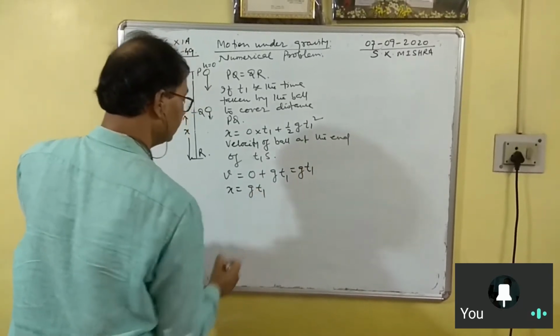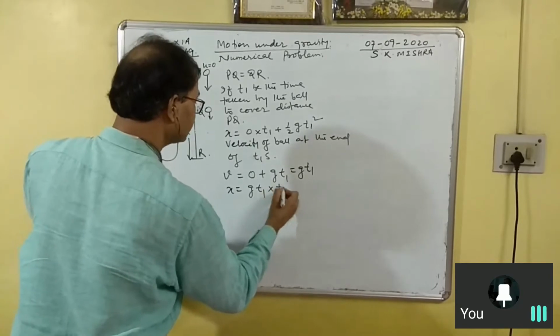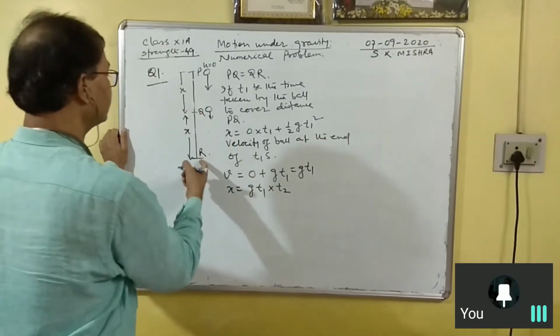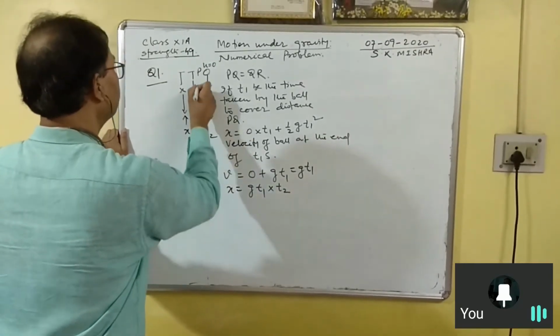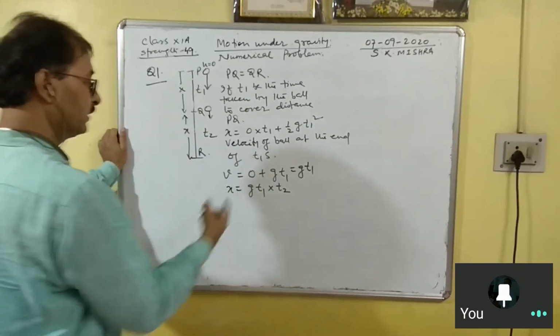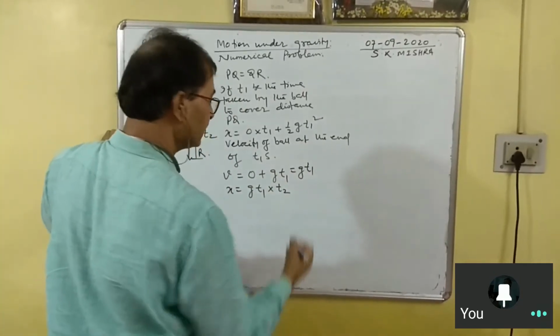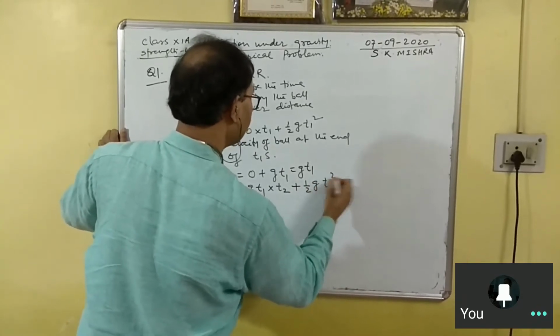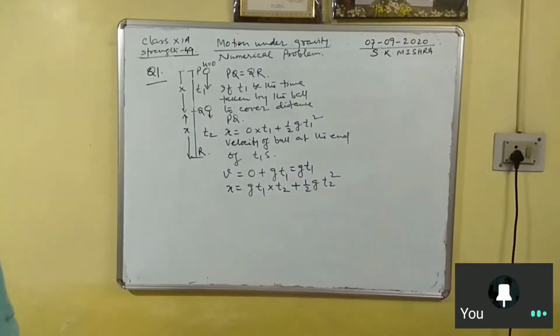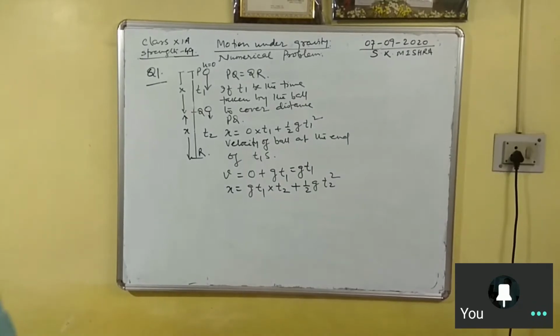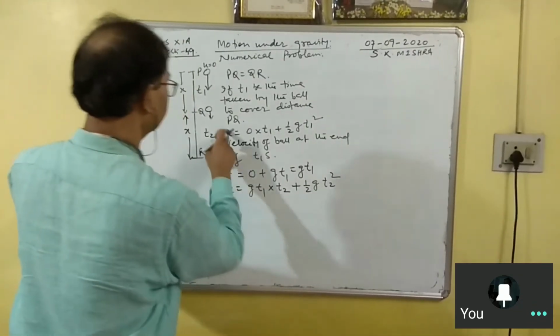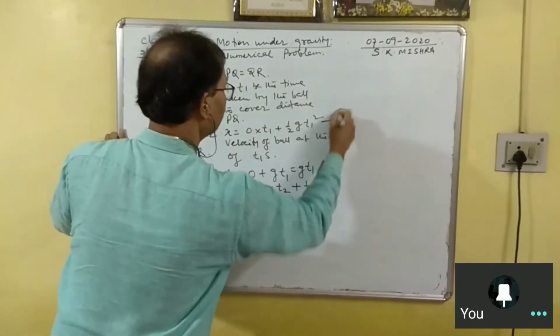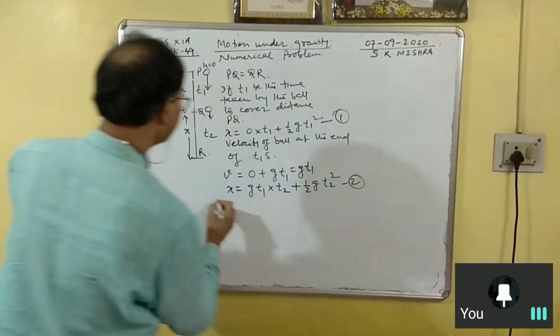So g T1 times t, where the time taken is now T2. This part is T2, this time is T1. So X is equal to u t plus half g T2 square. Now you can equate these two equations, 1 and 2.